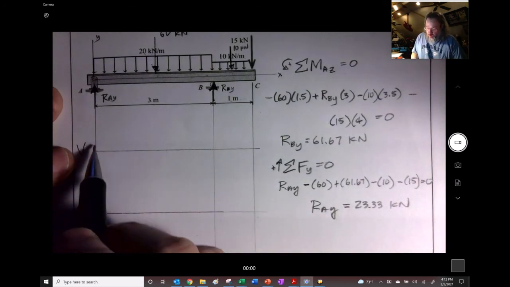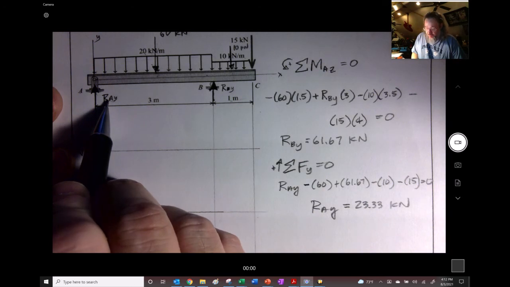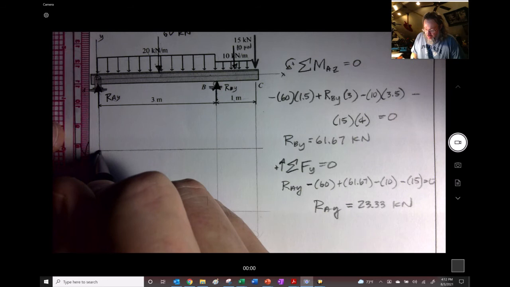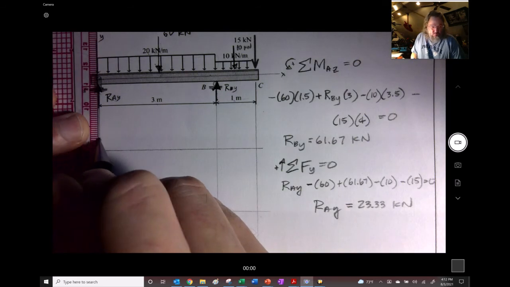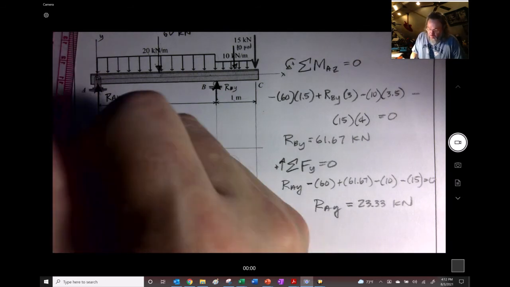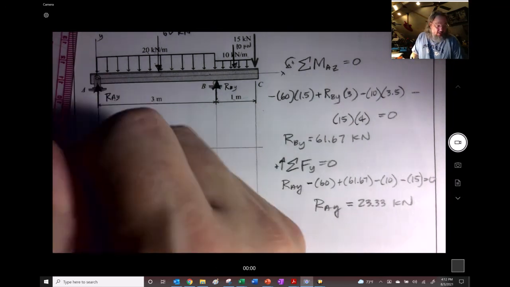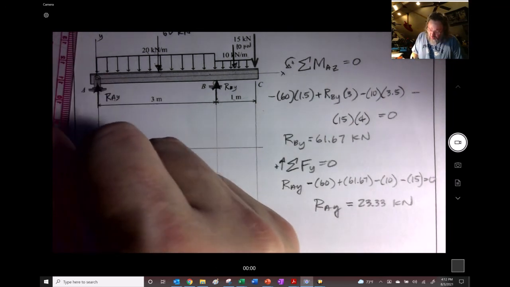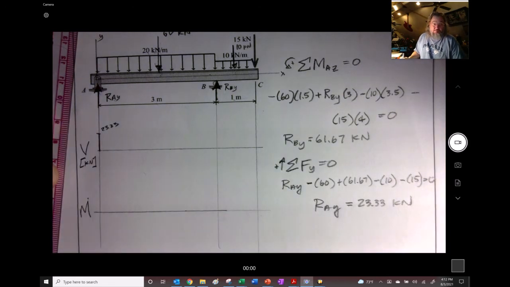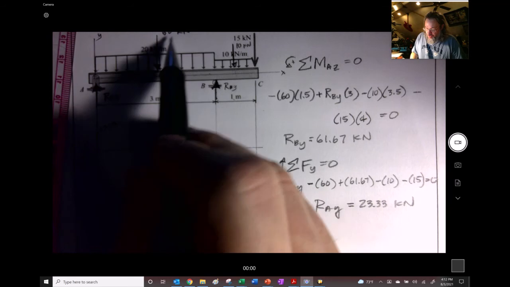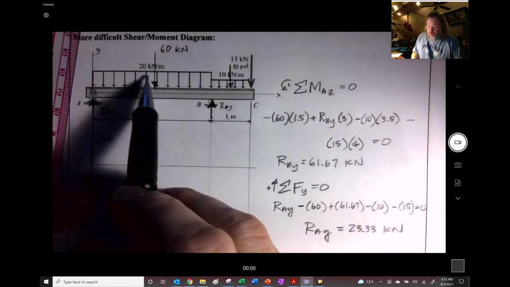All right, so right here, this is the 23.33 kilonewtons, and so we want to start out right there. So 23.33, and I'm going to write this as kilonewtons. I'll remember to do it. Now we're going to ignore that 60, and we're just going to look at this 20, right?